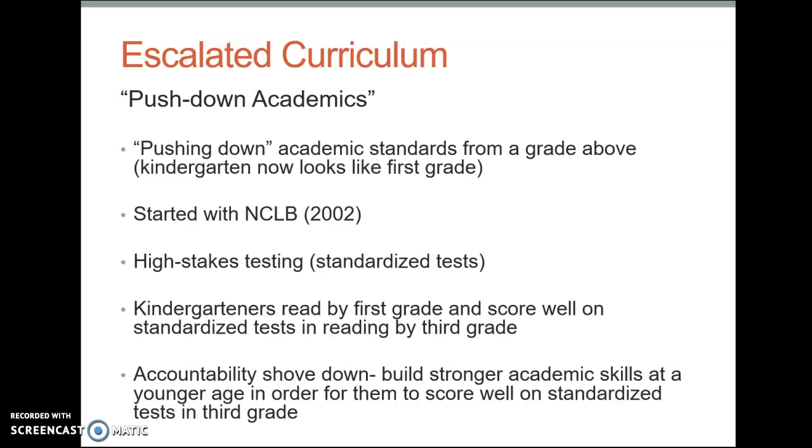The high stakes testing, the standardized test. The reason we call it high stakes testing is because under No Child Left Behind, if there wasn't a certain percentage of children scoring high enough on those standardized tests, then the teacher and the school could be held accountable, and then parents could do things like move children out of that school and have them go to a quote-unquote better school.